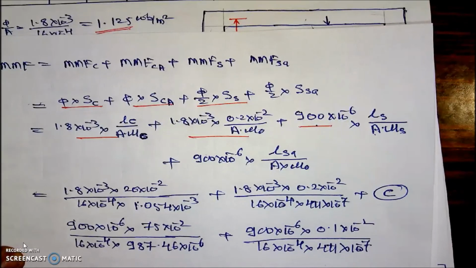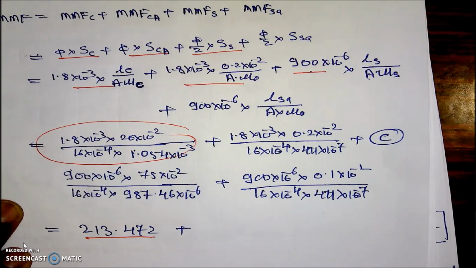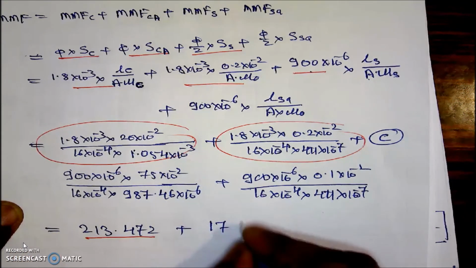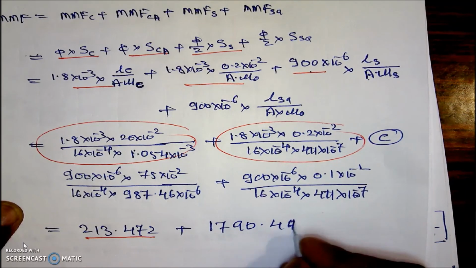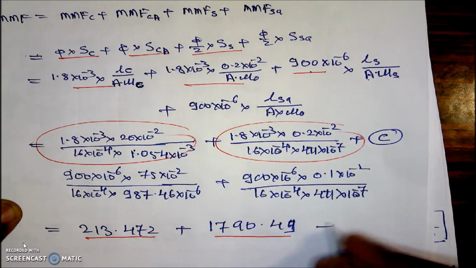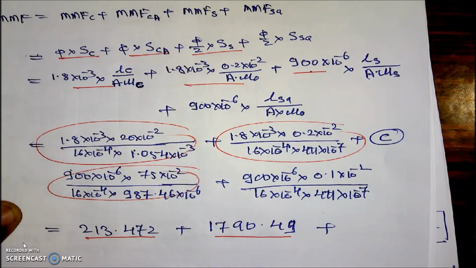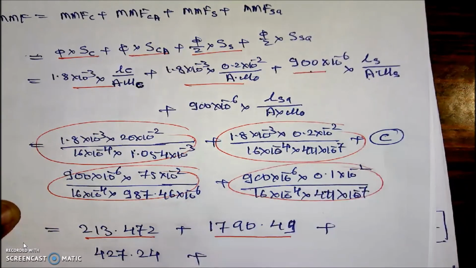Working through all this calculation, the first value is found to be 213.472, plus the next value, 1790.49, plus the value for the next calculation, 427.24, plus the value for the last calculation, 447.62.